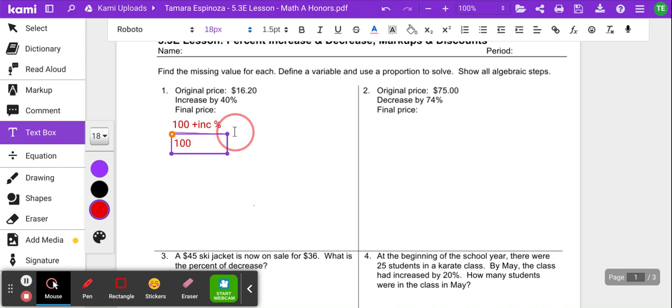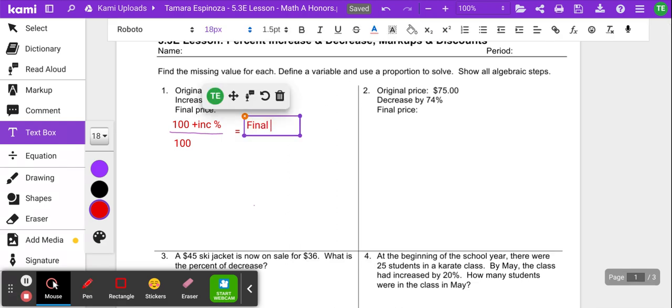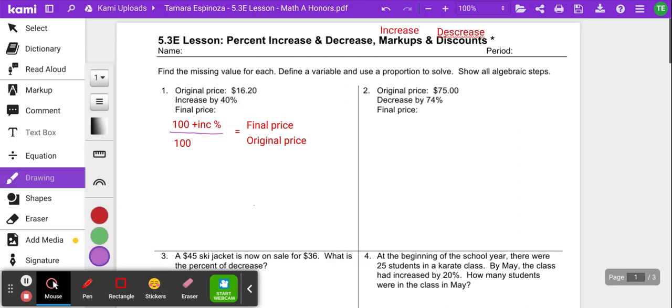Okay, and that is going to be equal to our final price over our original price. So that is our basic setup to figure out what the final price would be.